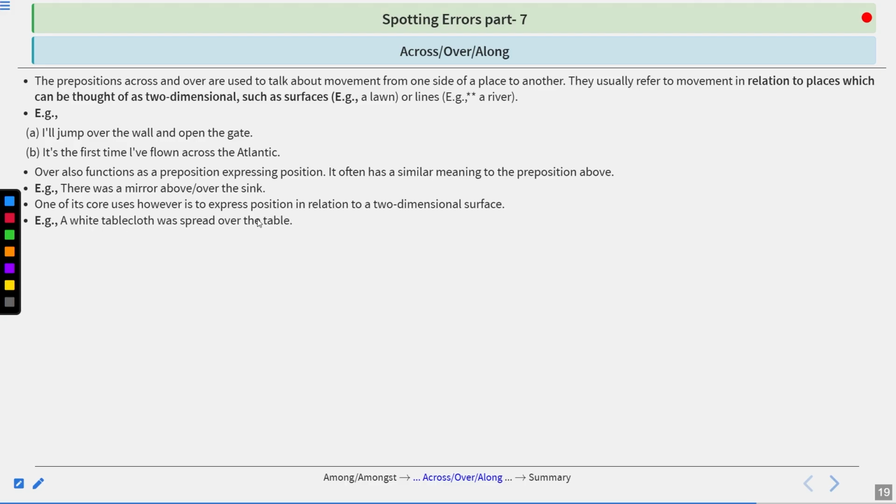Example: a white tablecloth was spread over the table. Or to show when something is positioned on the opposite side of a line, for example a road or bridge. The hotel is over the bridge. It means opposite.